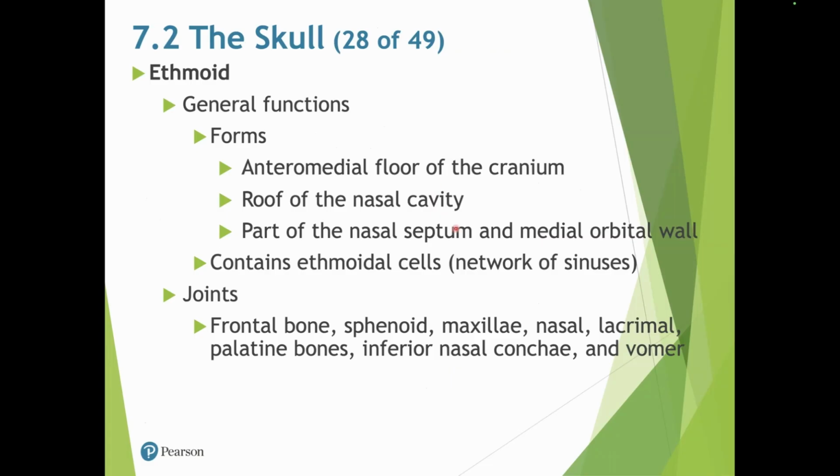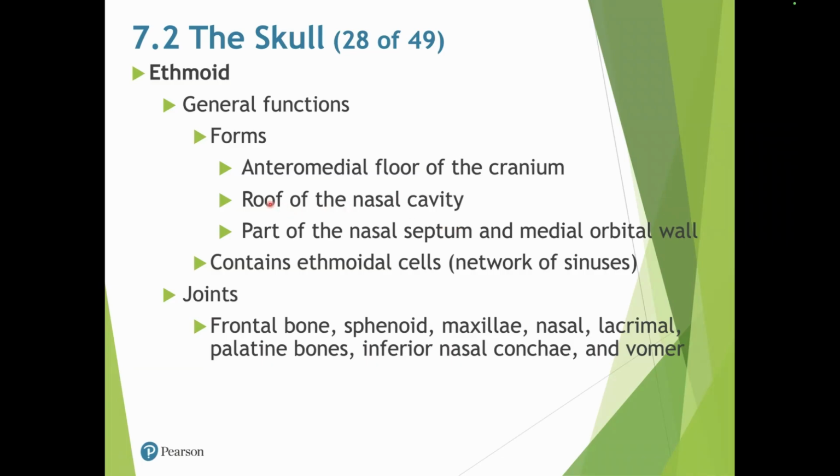All right, let's go into another really big bone, and it's called the ethmoid bone. So the general function of the ethmoid bone is to form the anteromedial floor of the cranium. Ooh, that's a big word, right? So it's going to help to build that floor of the cranium, the anterior side and the medial side.